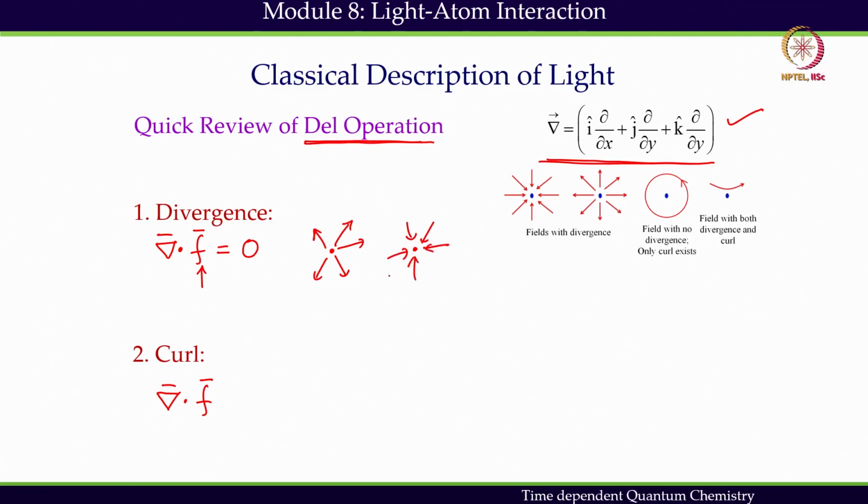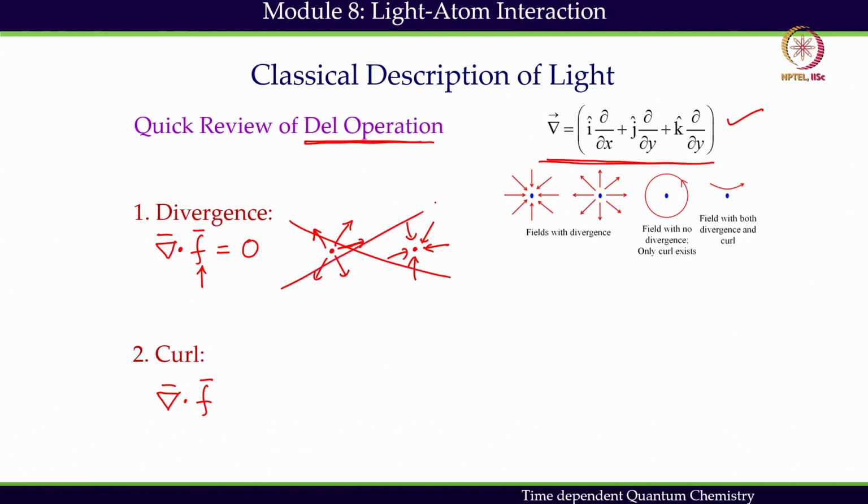So by doing this mathematical operation, we get to know the nature of the field or the force I have in the medium. If the dot product is 0, it means that the field or the force is not diverging from a point or converging to a point. That's the meaning of it. So none of this is happening if it is 0.